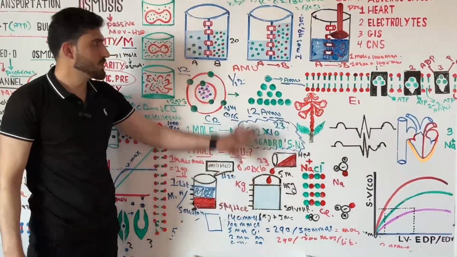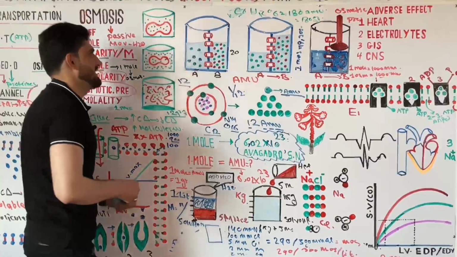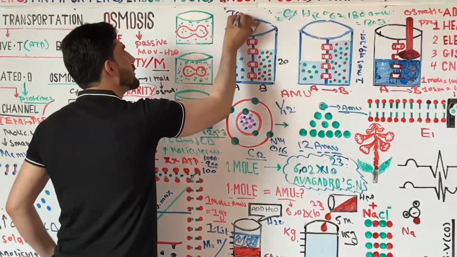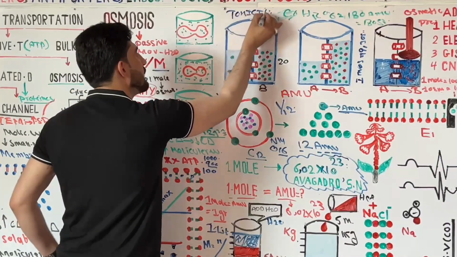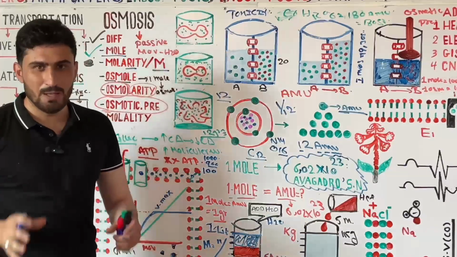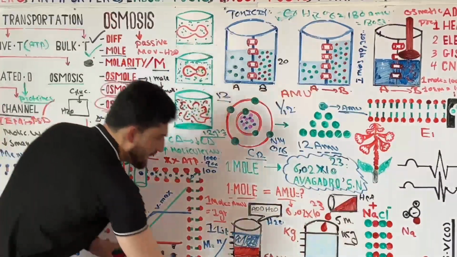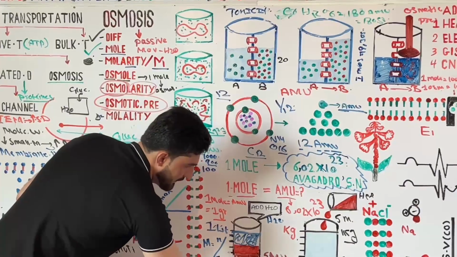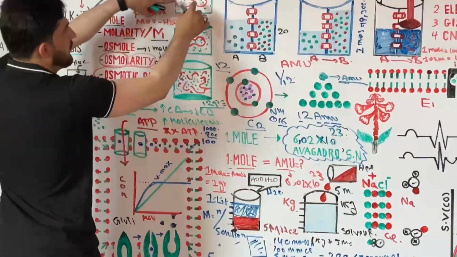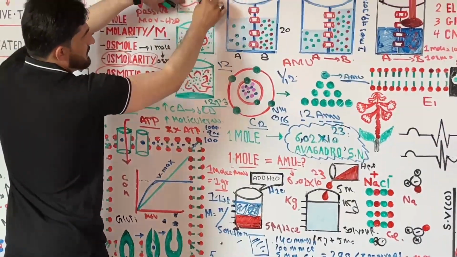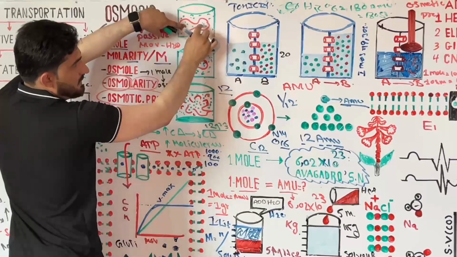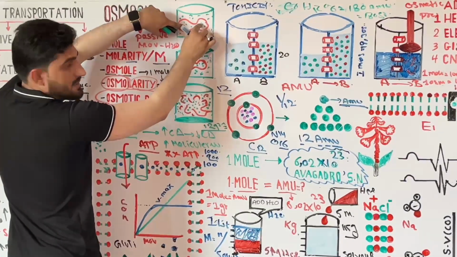Why? Come here to the concept of tonicity. Tonicity, we use this term when we compare two types of solution. For example, this is the intracellular area and this is the extracellular area. So here, this beaker is the extracellular area and this cell is the intracellular area.